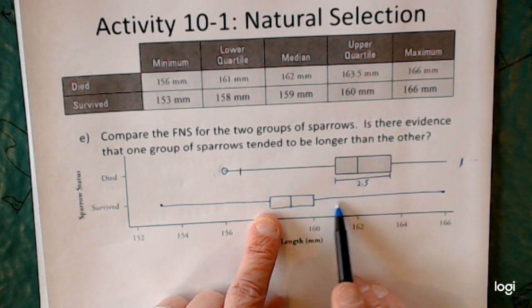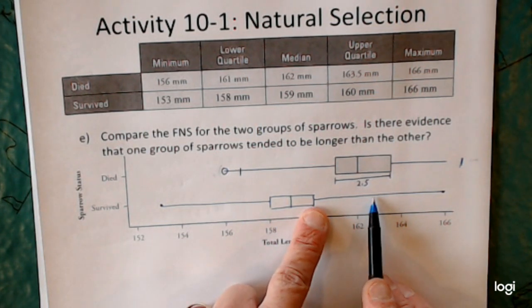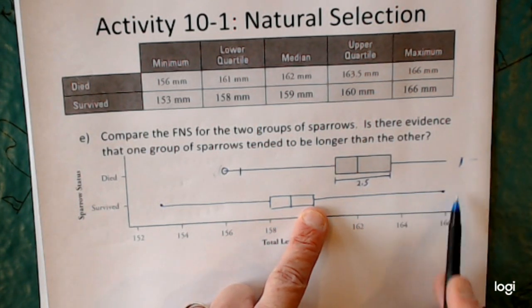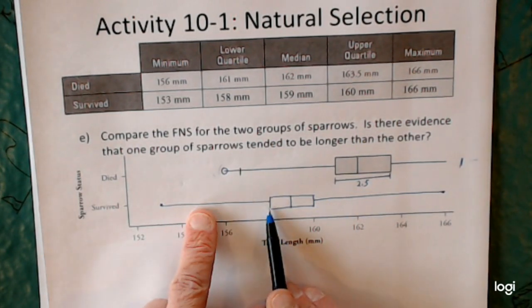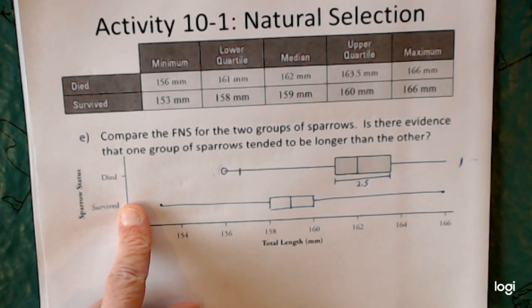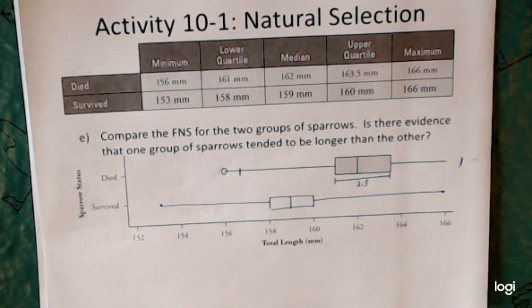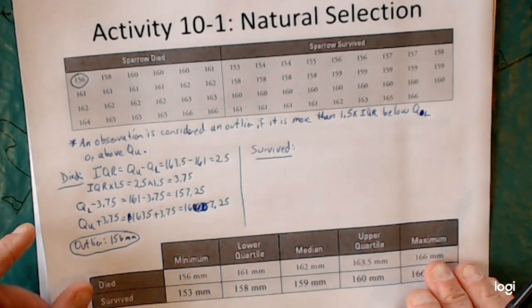I'm going to stretch that, multiply it by 1.5, and move it up. It looks like there's going to be an outlier on the high side, and I'm also going to take that stretched box and go below Q1, and it looks like there's going to be some outliers on the low side as well. So in my head I'm thinking we are going to see some outliers. All right, let's try it.